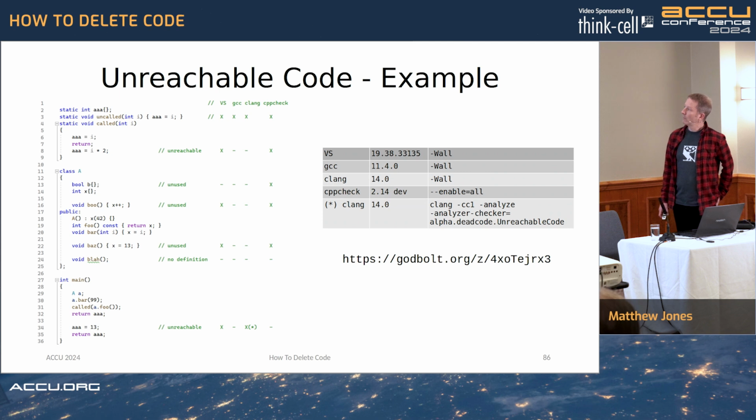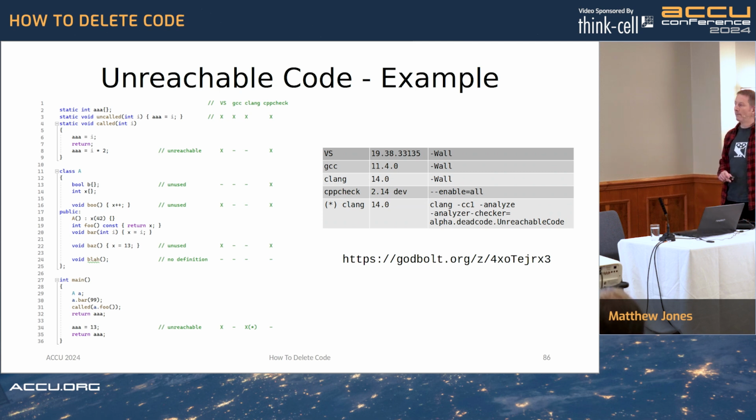So yeah, various compilers have various levels of help, really. The CPP check is obviously the most useful at this point. But there's a caveat on this in that this is a single file, and I don't think on Compiler Explorer there was a link step.